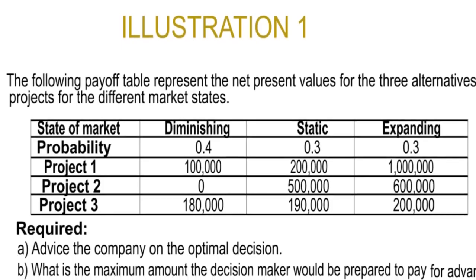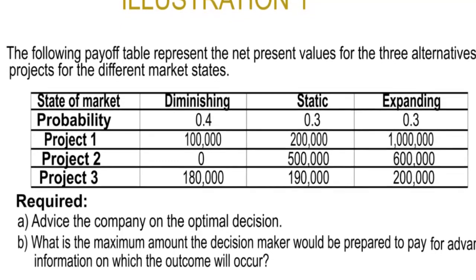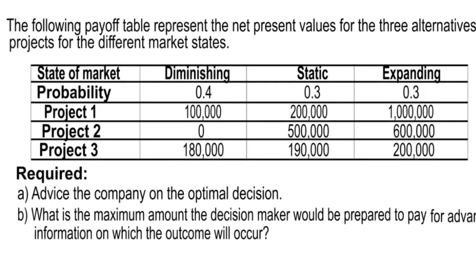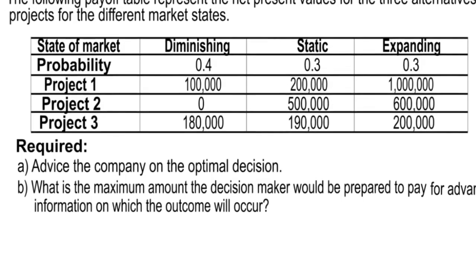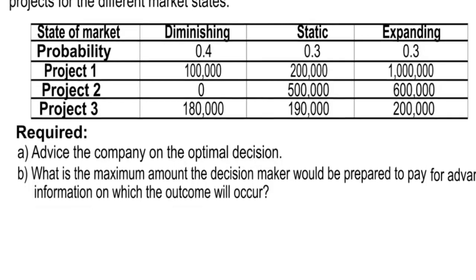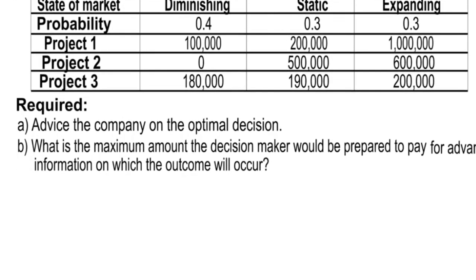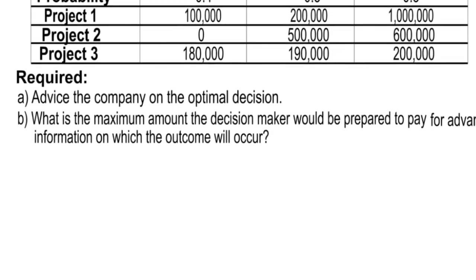Then there are projects 1, 2, 3. For project 1, the net present values are 100,000, 200,000, and 1 million. Project 2, the outcome is 0, 500,000, 600,000, while project 3 has 180,000, 190,000, and 200,000.